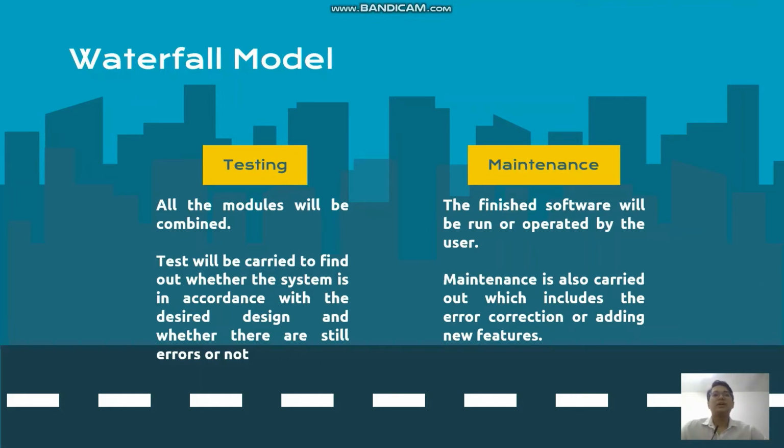And the last step is maintenance, where the finished software will be operated by the user, and maintenance is also carried out, which includes error correction or adding new features.